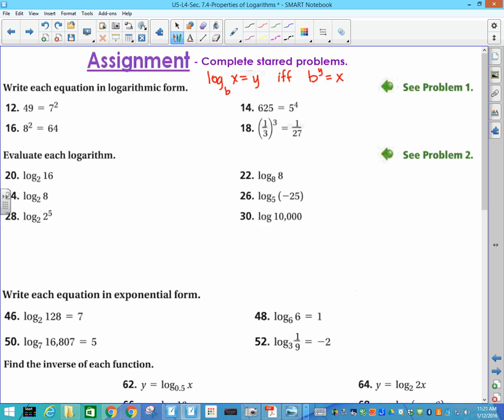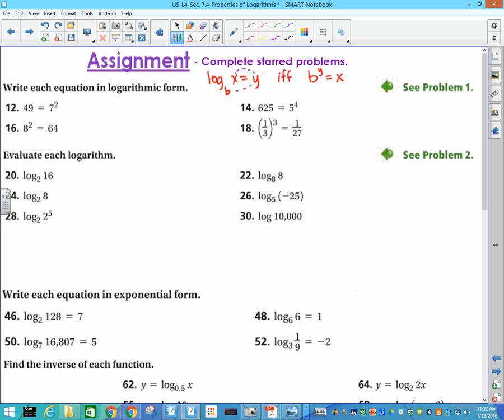Okay, that's what I'm using, and I'm doing my little circle thing that we've talked about. So you have this to that. B to the y equals x, which is how I'm getting here. So if I'm writing it in logarithmic form, I'm starting here and I'm going this way. When I go down here, I'm starting at this one and going that way. So you got to be able to know how to go both ways.